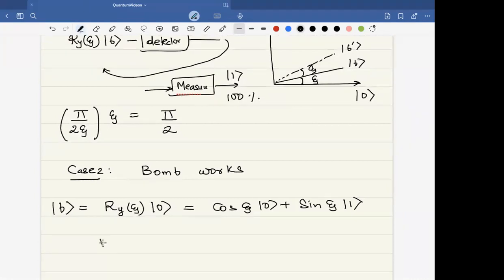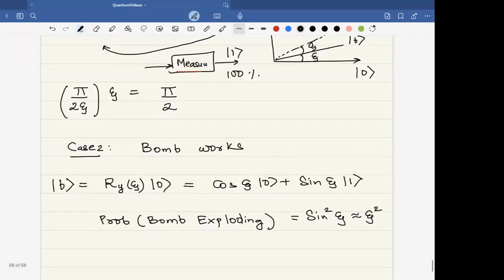So the probability of the bomb exploding in one iteration is sine square epsilon, which, if epsilon is small, is nearly equal to epsilon square, right? And when it measures, it returns a ket 0 vector back.